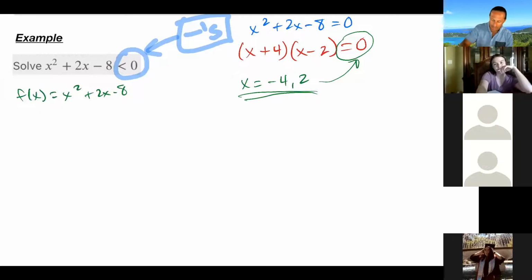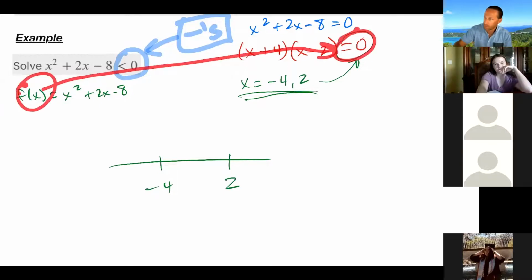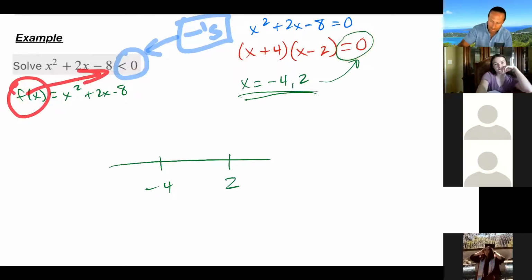If I just take those two things, -4 and 2, and I think about those as my x-intercepts, as Jenny mentioned, where this whole thing would be equal to 0, then can't we find where this thing would be less than 0? What would that mean it would come out if it's less than 0? Negative.